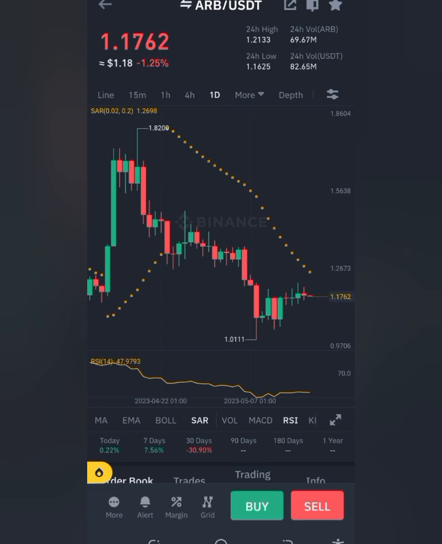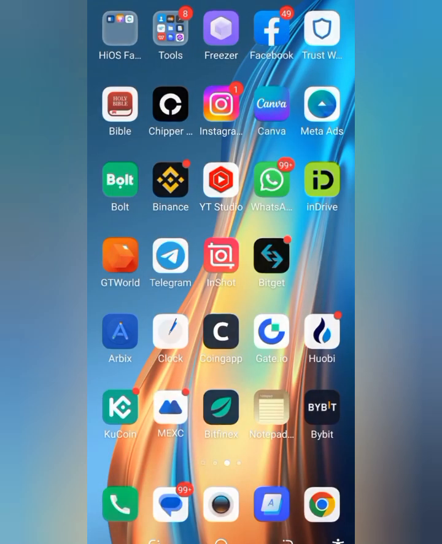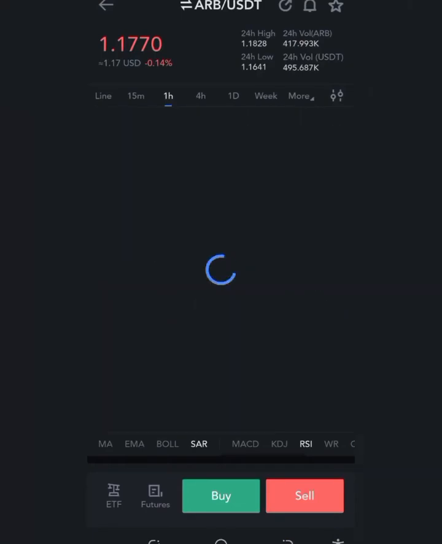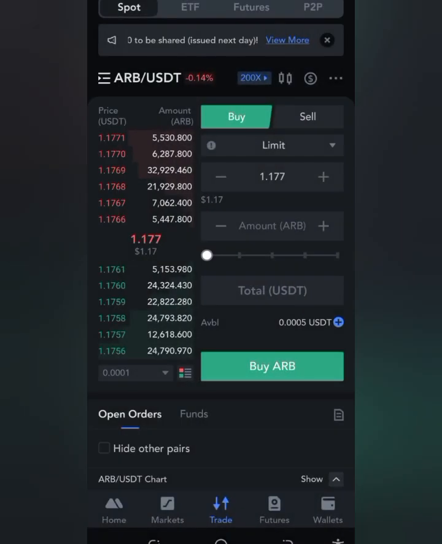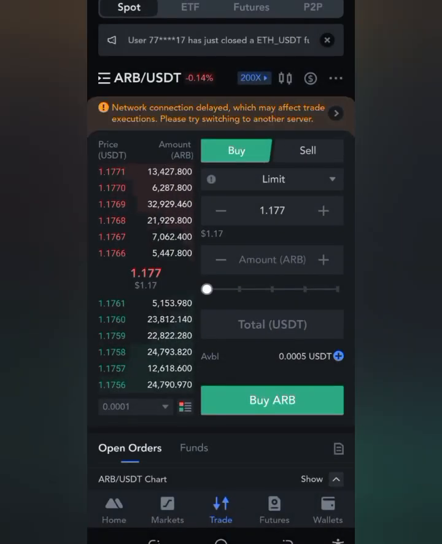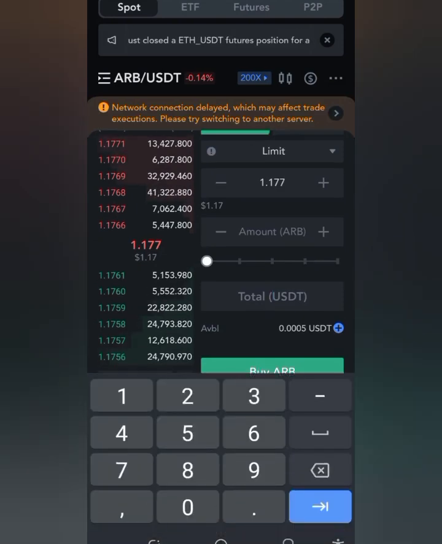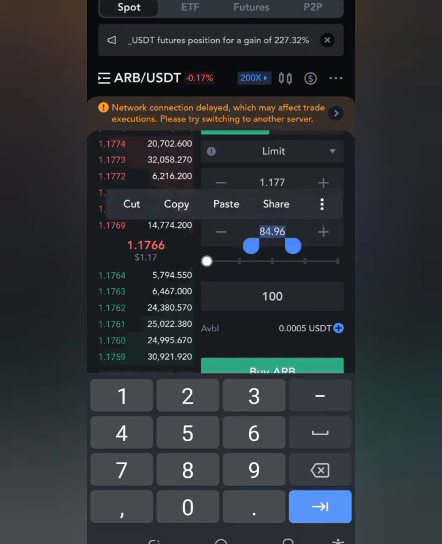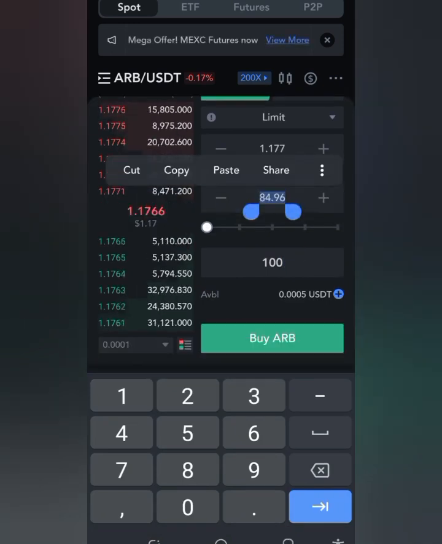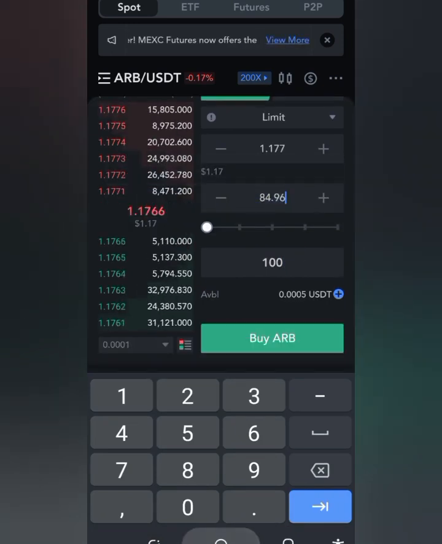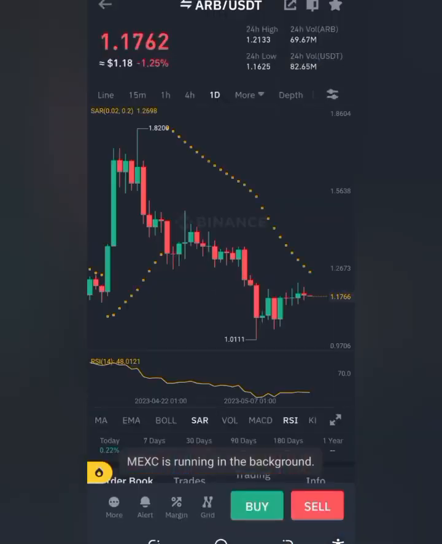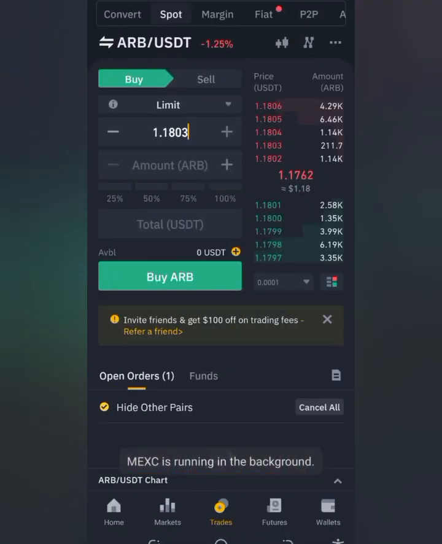Even if I try to do a quick simulation with $100 on MEXC, that's the reason why we're doing this, so we can see how we can make money, right? So if I put in $100 here, I buy about 84.96 pieces, and I copy that, and I go over to Binance and try to sell this.